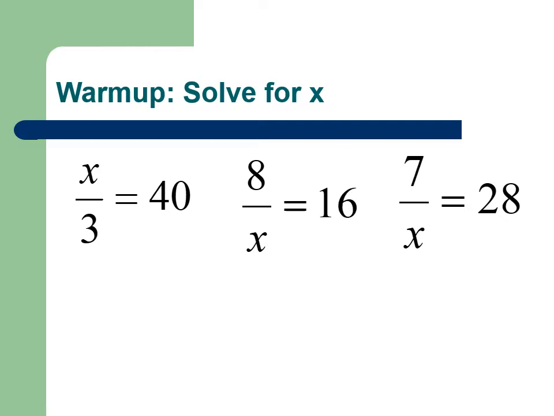Now these are equations that are set up with fractions, and there's a number of different ways you could approach these, whether you wanted to think of that as 40 over 1 and cross multiply, or whether you just wanted to work it out algebraically, keeping it without doing that.